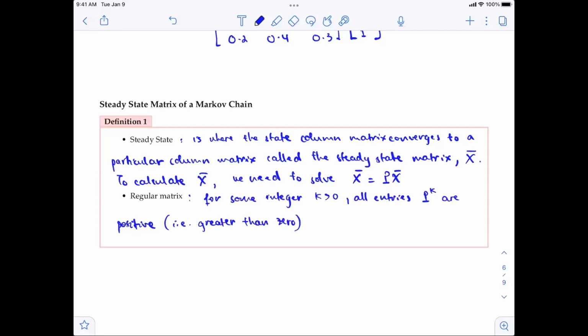That means none of the entries in the matrix P raised to the power k are 0, right? Only positive values, no 0 remains in the calculation of P raised to the power k.